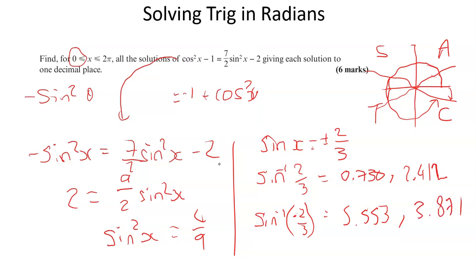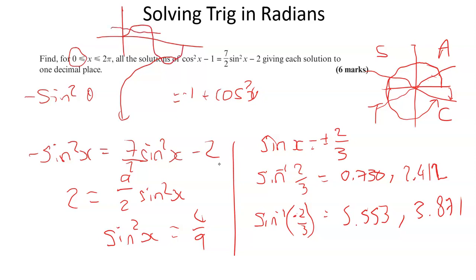So there are 4 answers to this question, and that's because we had this squared. We normally get 2 answers, but the squared meant that there were answers for the 2/3 and answers for the minus 2/3. And if you think about how the graph would look for sine, it would normally look like this, and there'd be your 2 answers there.